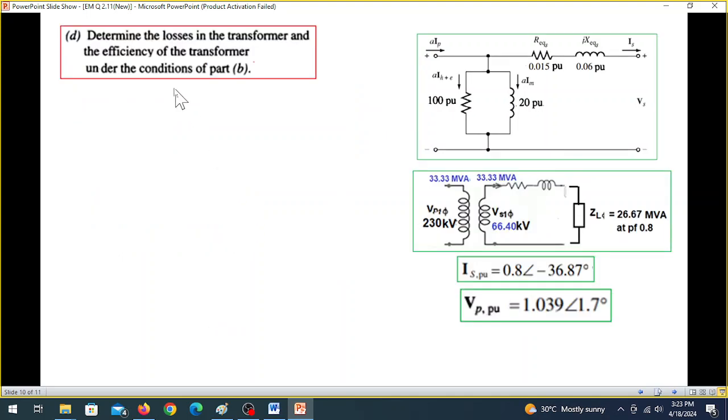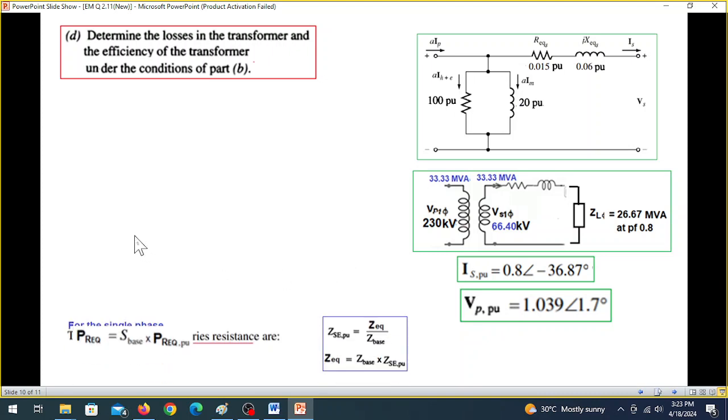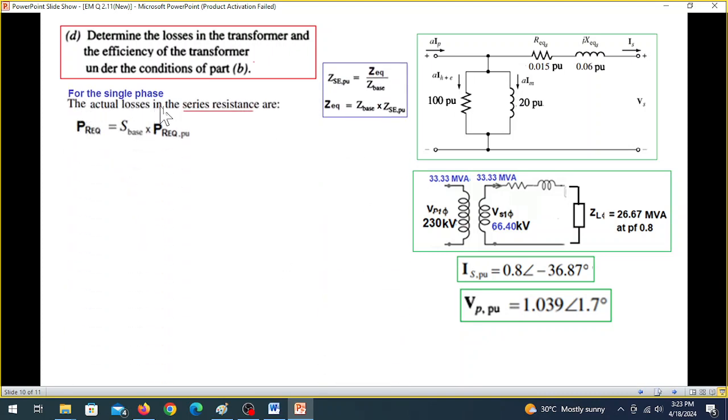Now part D is saying determine the losses in the transformer and the efficiency of the transformer under these conditions of part 2. Now these parameters we have already calculated, so we'll now calculate the loss. For the single phase circuit, the actual loss in the series resistance, P R equivalent, is equal to S base into P R equivalent in PU, just similar to this formula that we are using: Z equivalent is Z base into Z equivalent in PU.